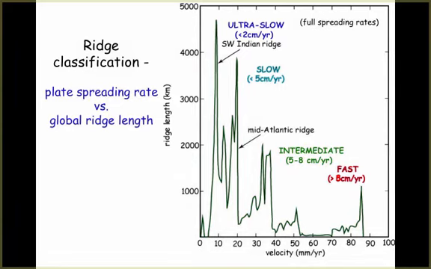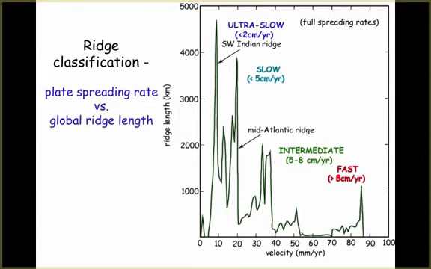And then looking at the speed of these ridges, from ultra slow down here at around 10 millimeters a year to fast at between 80 and 90 millimeters per year, we can compare that to the ridge length, up to 5,000 kilometers.